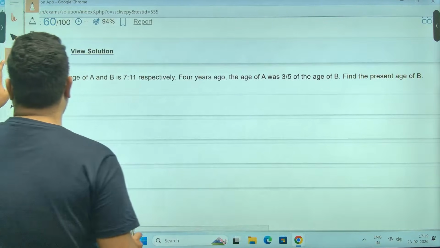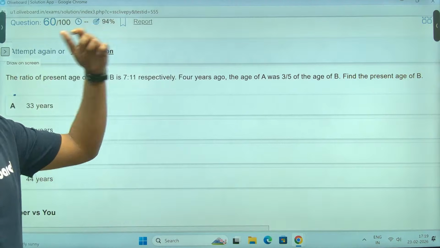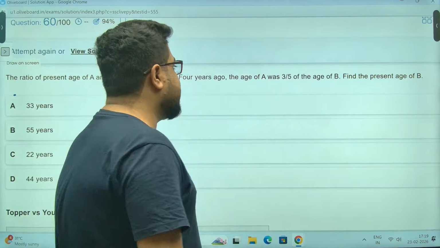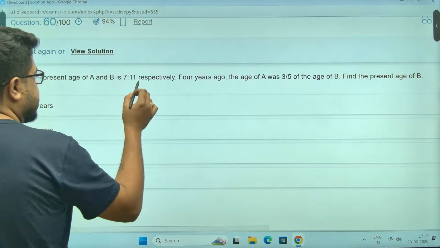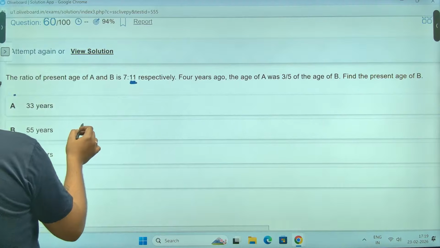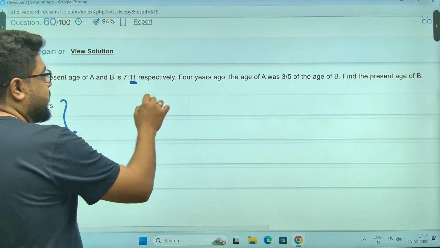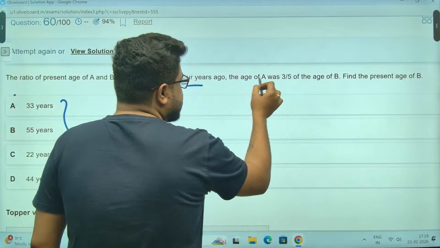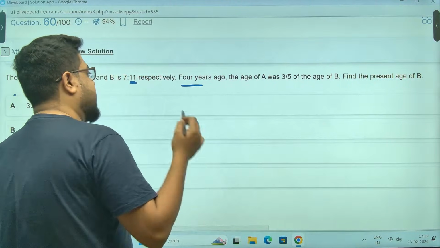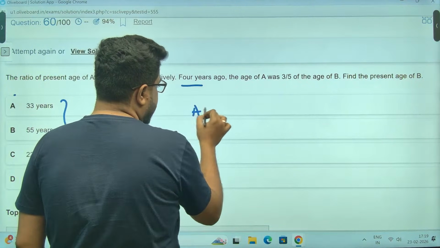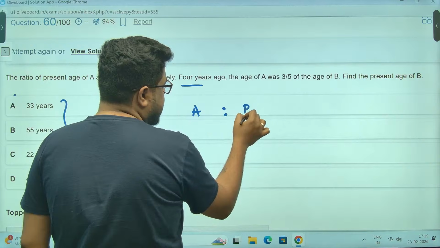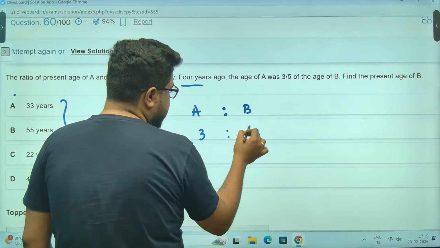Present age questions, and they're asking the age of one person. Most probably I can use logic. 11 B multiple. All four options are multiples of 11, so it won't work. 4 years ago, the age of A was 3/5 of this. So A is to B, the ratio was 3:5.